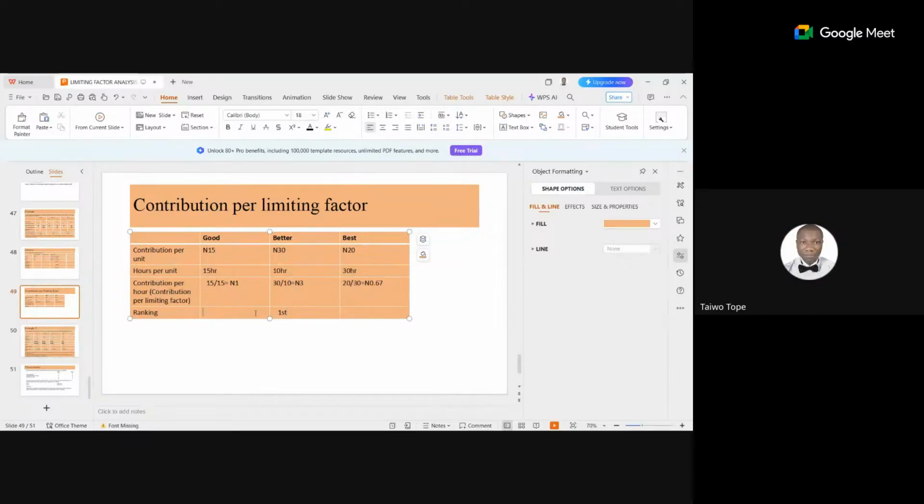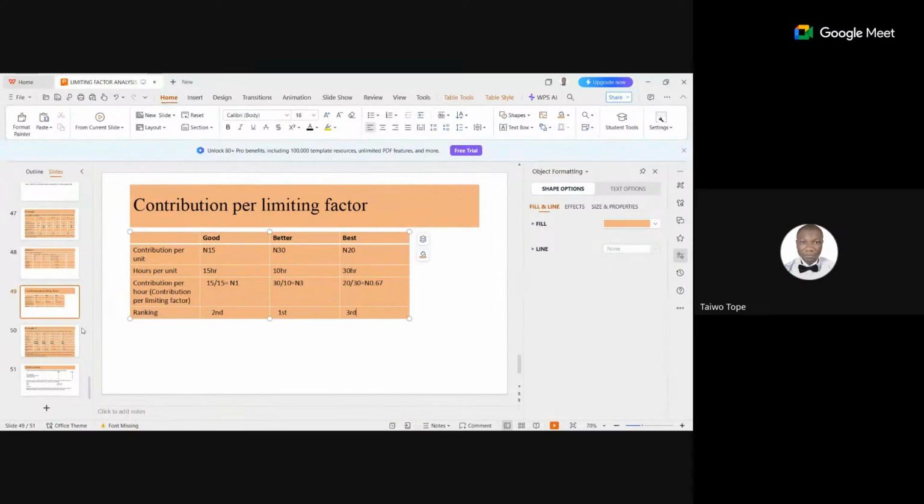The next is good, second. And the third is best. So based on this, we can now allocate the 20 hours we have to maximize our contribution.